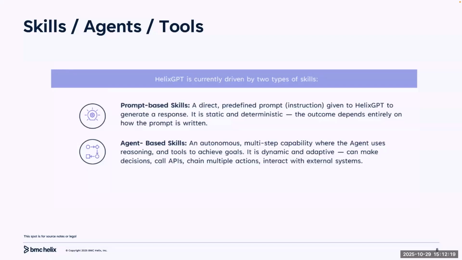The tools are passive. They don't make any decisions. It is the agent itself that decides what tool to use depending on the input from the user. This makes agent-based skills more structured and allows them to handle multi-turn conversations. And we will be creating both prompt and agent-based skills in this workshop.